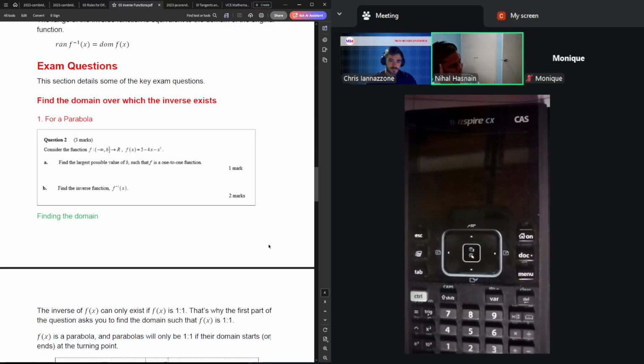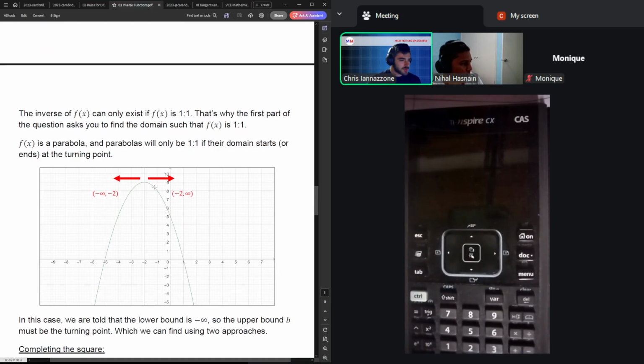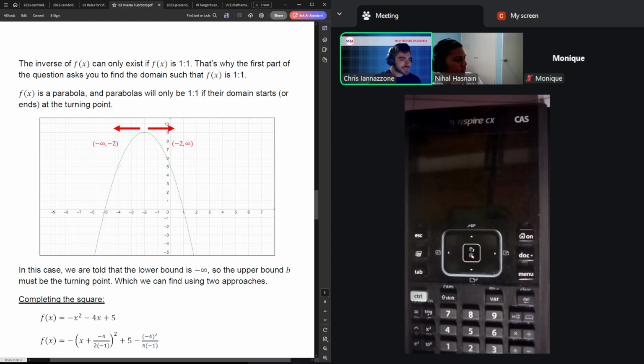Usually the origin. So origin, with the very basic quadratic, yeah. The quadratic has its turning point on the origin. This one's got a bit of transformations attached to it, so it will be located elsewhere from the origin. So basically what we mean by a one-to-one function is, does it pass the horizontal line test?